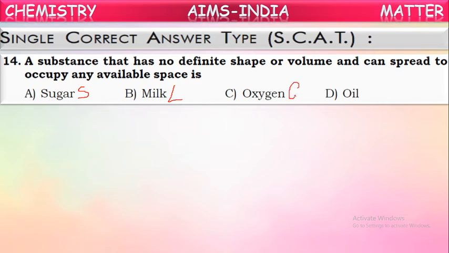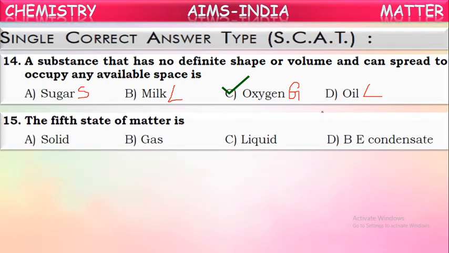So as it is a gaseous substance, it will be the correct answer. What about oil? Oil is also a liquid, so it will have fixed volume. But in the question it is asked which one has no shape, no volume. That is oxygen. Okay. Next one.